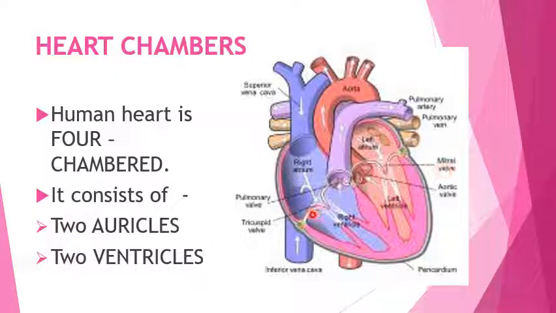But commonly, both valves are known as the auricular ventricular valves. They also have semilunar valves with the blood vessels, present in the aorta as well as in the pulmonary artery.